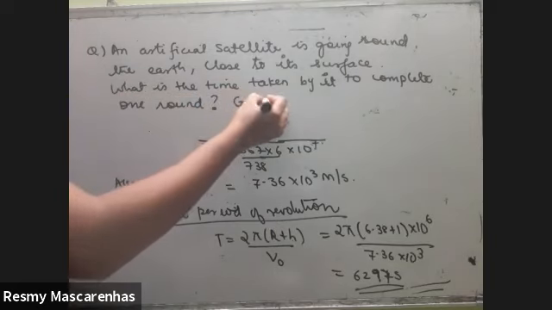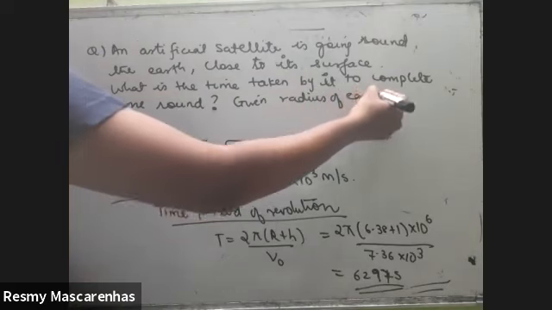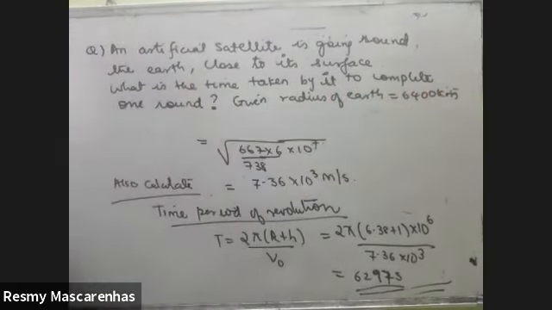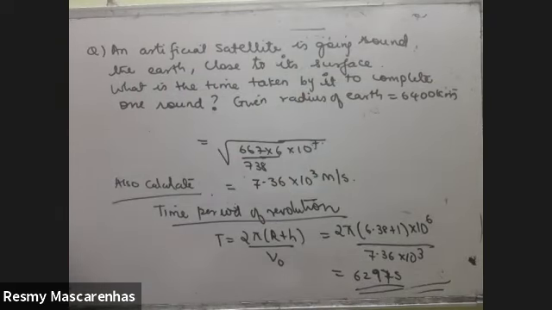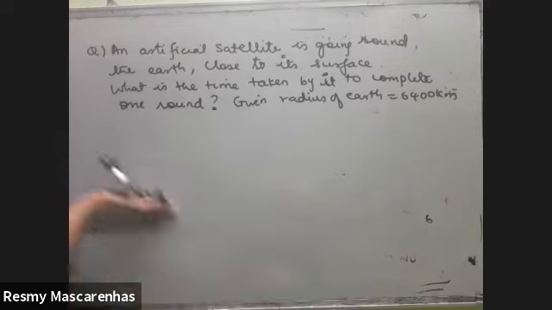Given radius of Earth is 6,400 kilometers. Now, what is the time taken by it to complete one round?